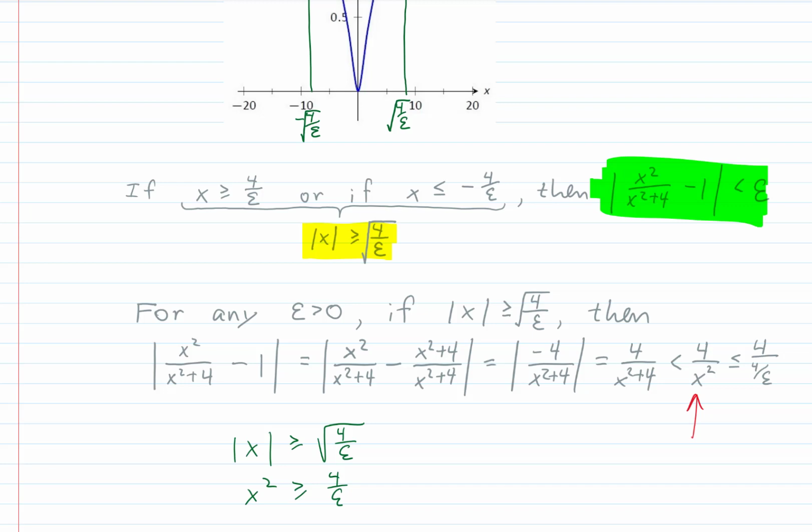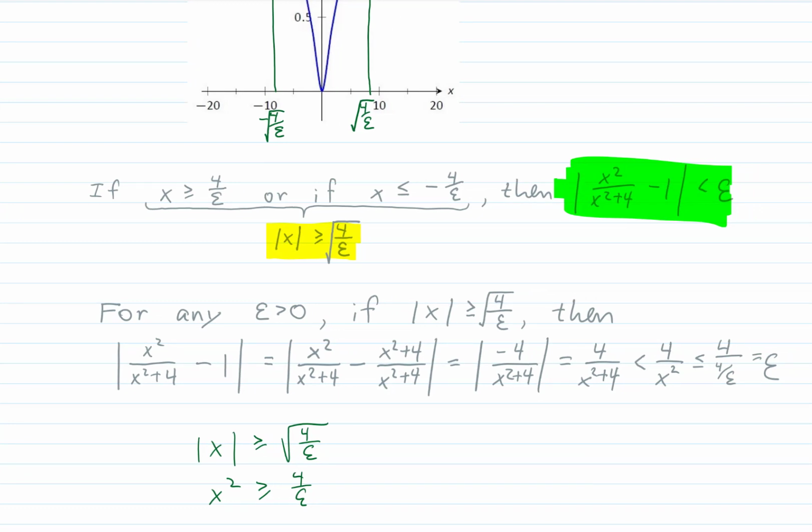Okay, this denominator is equal to or greater than this denominator, means that this fraction is equal to or less than this fraction. And what does that last fraction equal? It equals epsilon. Okay?